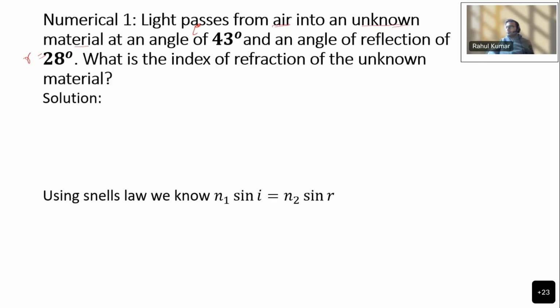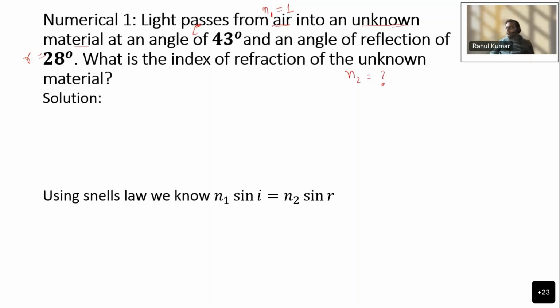Okay, now since your first medium is air, and air, it has a refractive index of 1. Okay, and we have to find that what is the index of refraction of the unknown medium. That is, we have to find the refractive index of the second medium.